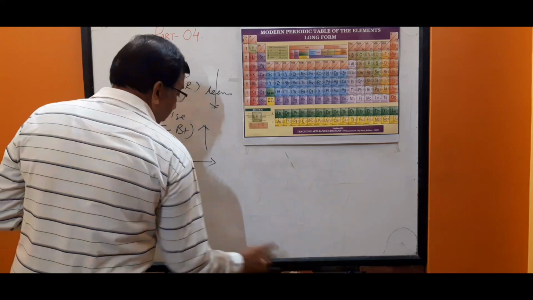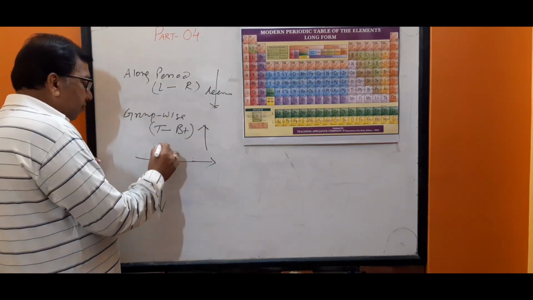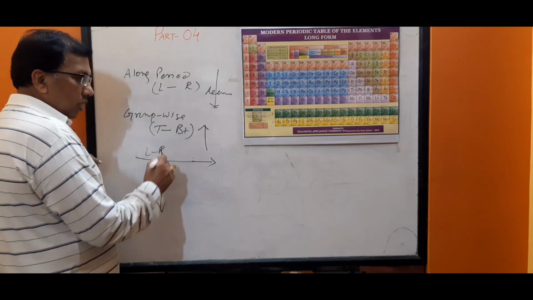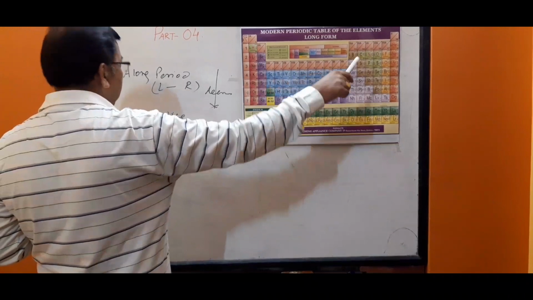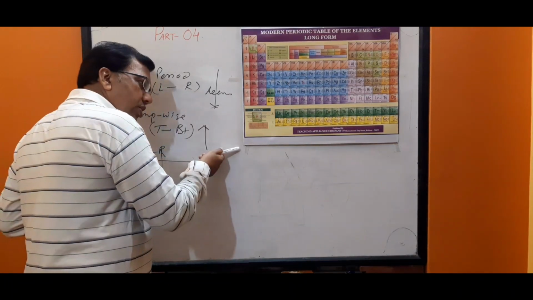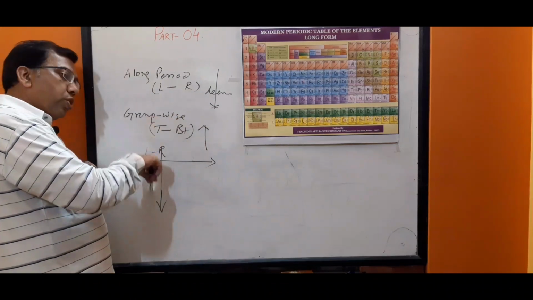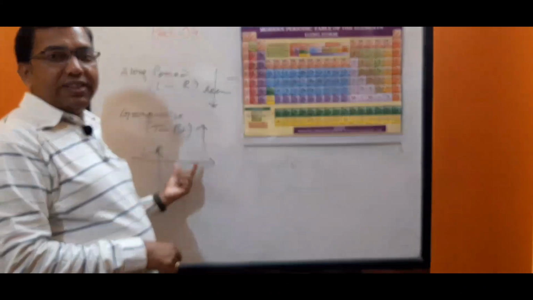But it is in all cases. You must know. I am again saying left to right. I will give an example first. Lithium, beryllium: left to right it will decrease. So top to bottom, group-wise, it will increase. This is the law.